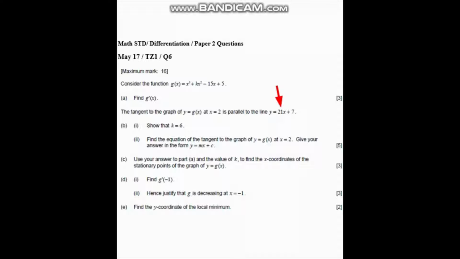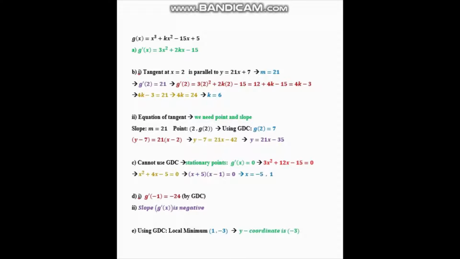Hence, if the slope of the line is 21, then the slope of g of x is 21 at x equals 2. So if I plug 2 into g dash of x, I should get 21. So the slope is 21 because we are parallel to this line.